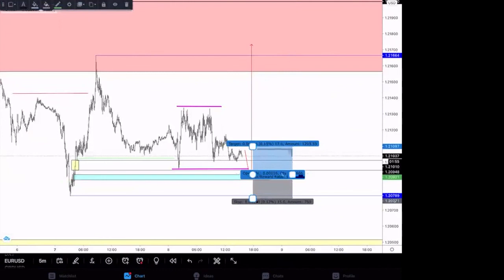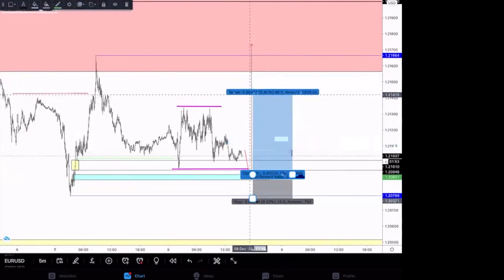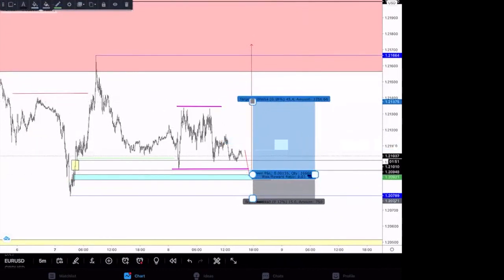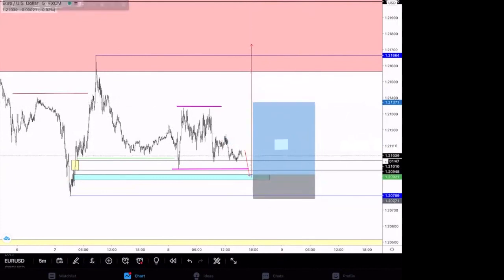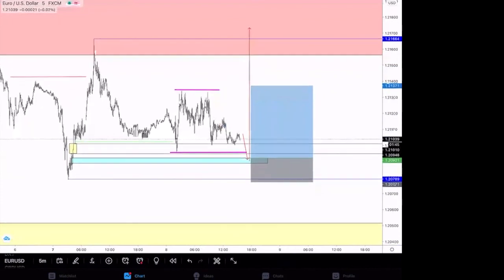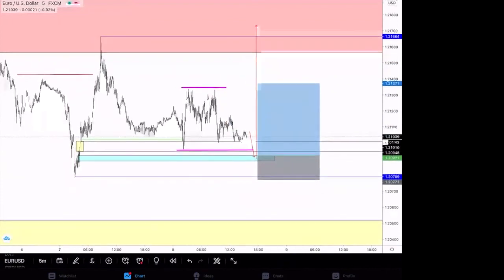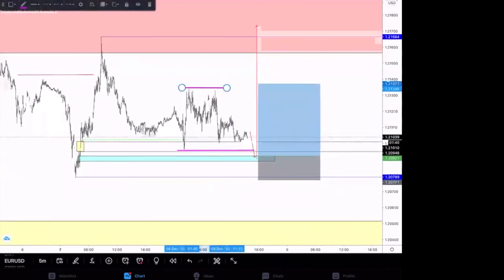We can have a 15 pip stop, and we can have a 1 to 3 trade, which will be right above the highs, which is nice. So that would be risking 15 pips for 45 pips. But you can see, this is a trading range, right? This is the range it is in right now.